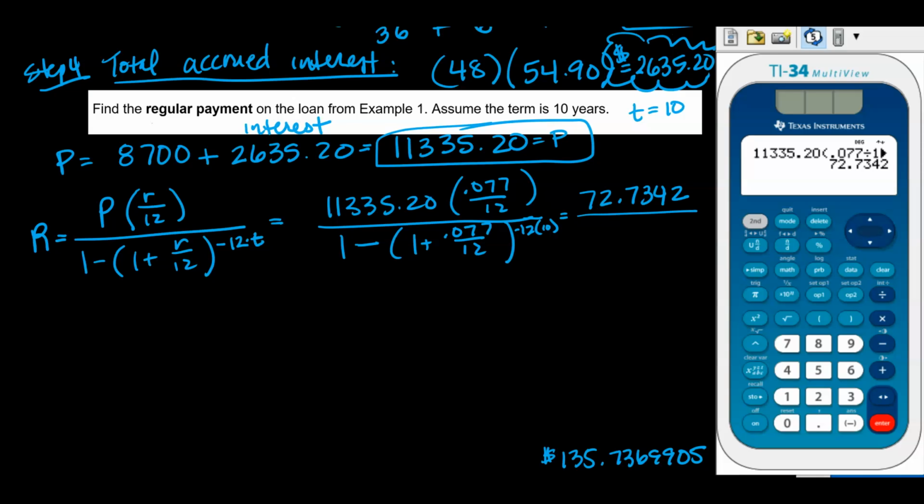Now the bottom is a lot bigger, so rather than put this all in at once, because that sometimes can lead to mistakes, I'm just going to do the inside. If you start with the 1, you will have to put parentheses around this part, just like we did up top.